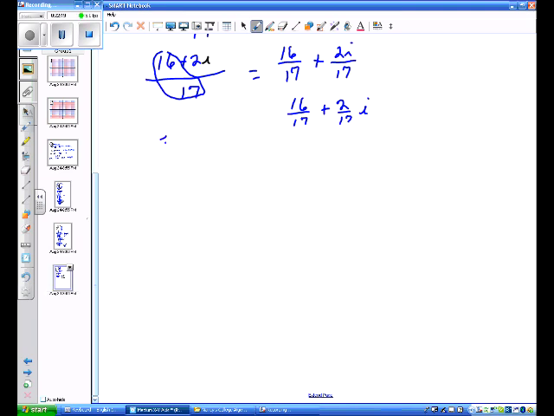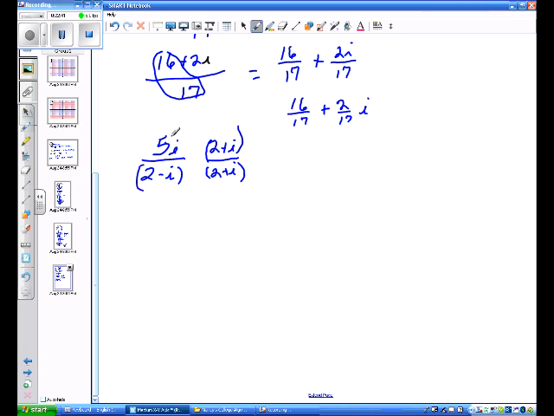Let's say that we have 5i over 2 minus i. And so we're going to multiply by the conjugate, which would be 2 plus i. So we're going to multiply.